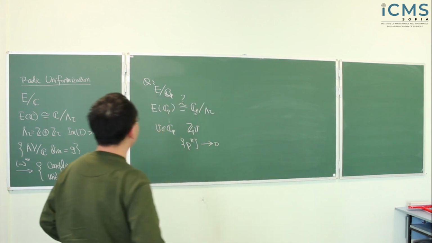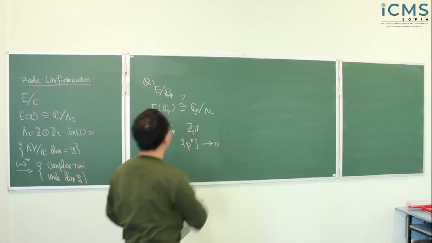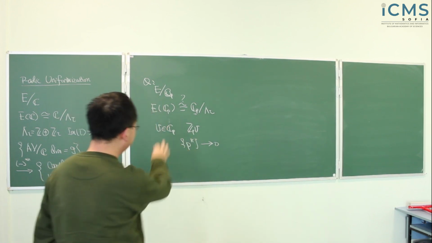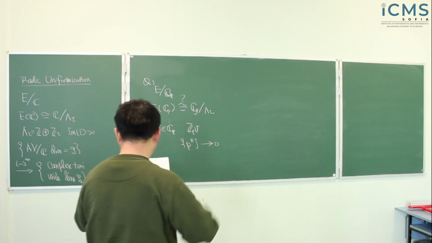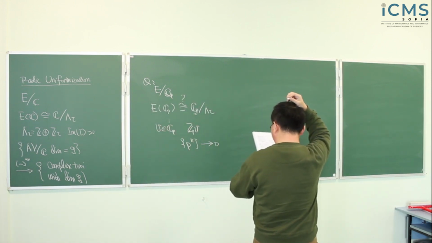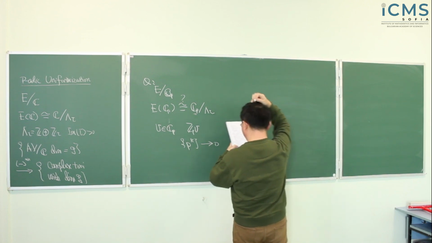So 0 is an accumulation point inside this module, and it is not discrete.